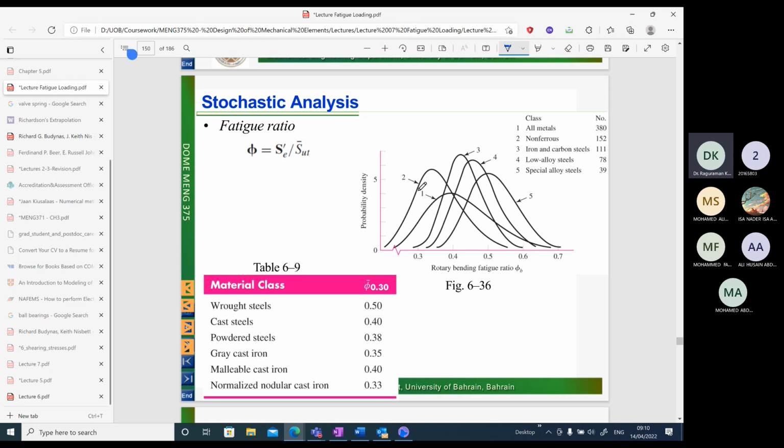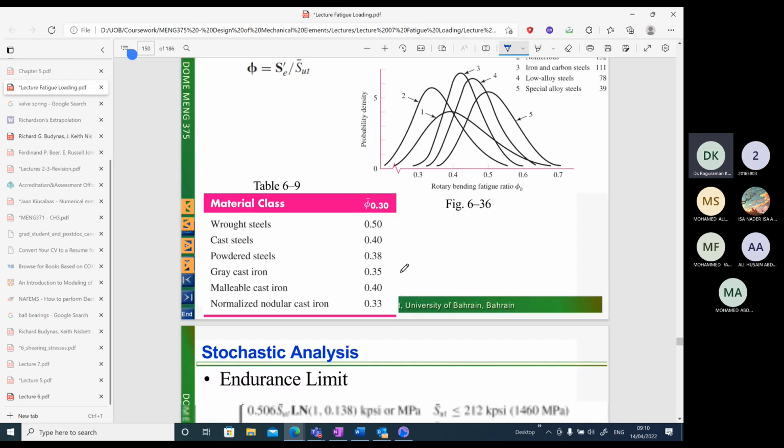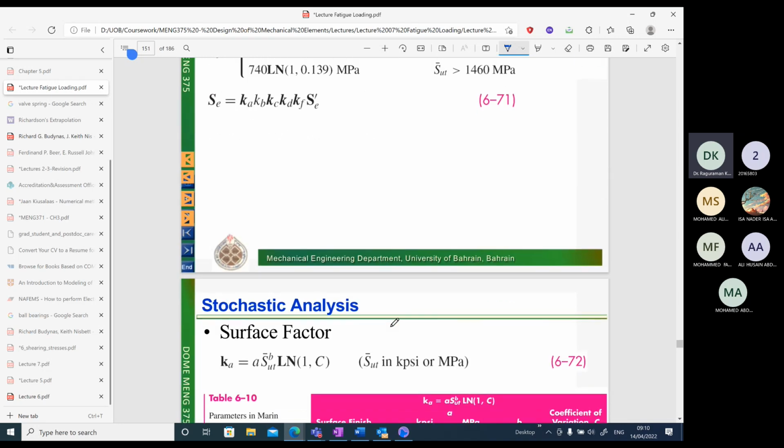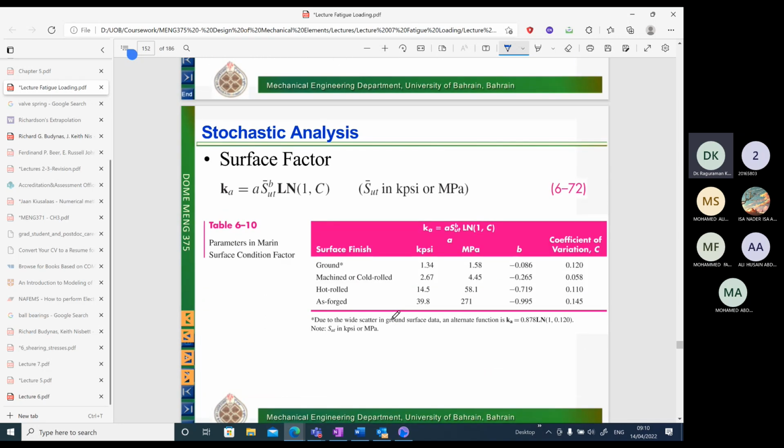And you can see some kind of distribution given here. Maybe this is not exactly a normal distribution. This is unsymmetric. So you may have different distributions involved based upon probability calculations. You will calculate the endurance strength and then proceed with the problem.